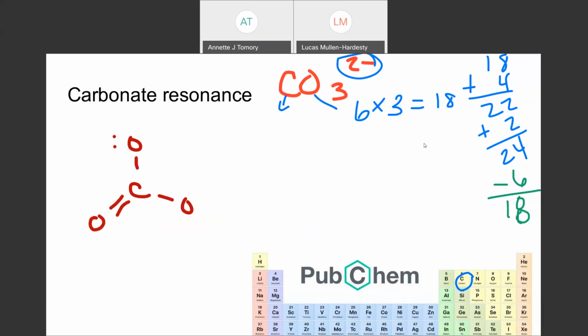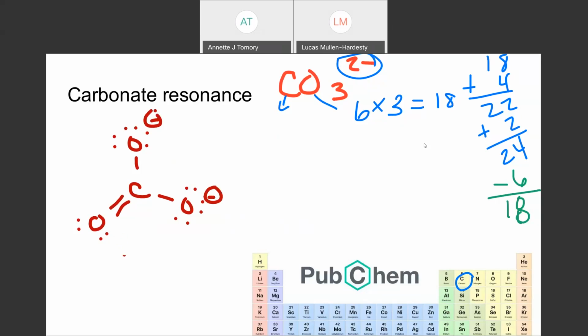And that has a formal charge of -1 and -1. Now, when I'm looking at this, did I have to put my double bond here, or could I put it elsewhere? I could have put it at either of the other ones.